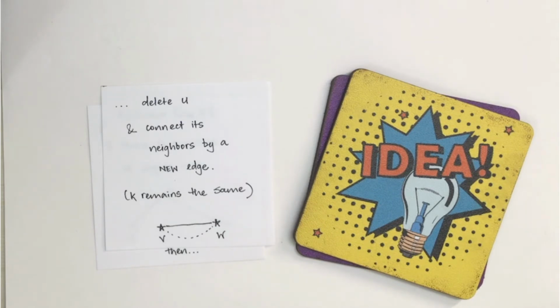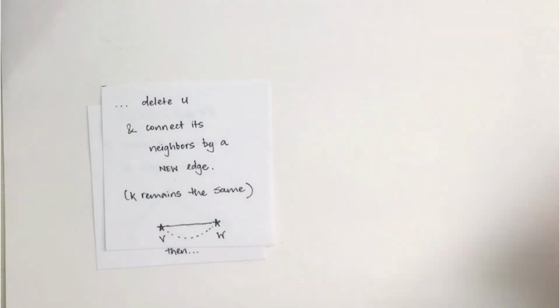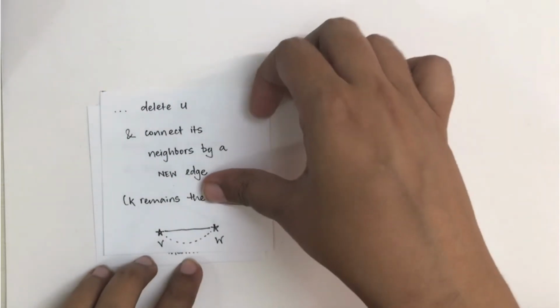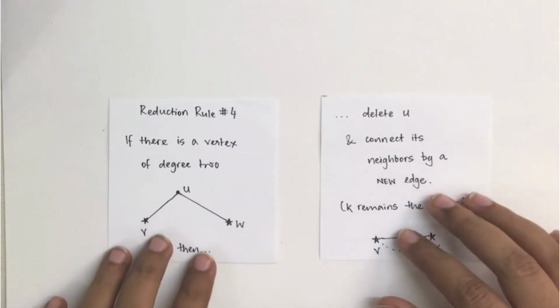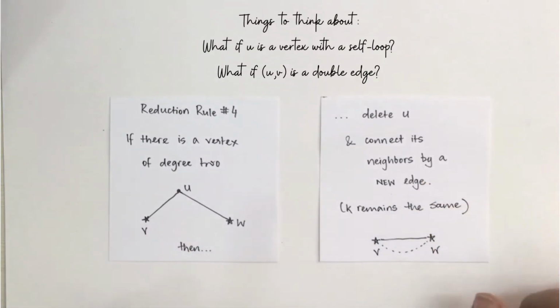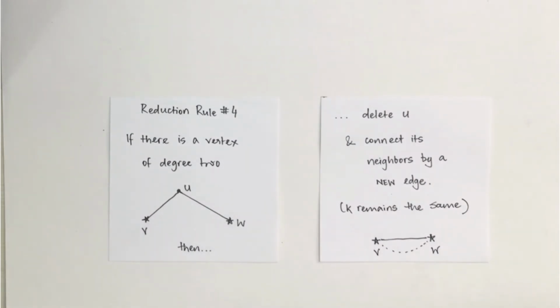Think about why that is the case, and also do try to formalize the argument for why these two instances are in fact equivalent. In this case, this will take a little bit of work, but it's not difficult at all. So please do that and convince yourself that this idea works. This process is sometimes called short-circuiting the vertex u. You're kind of bypassing u and you're letting its neighbors do the work for you instead.